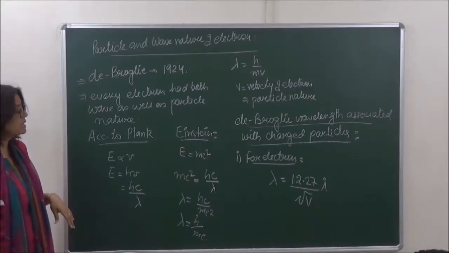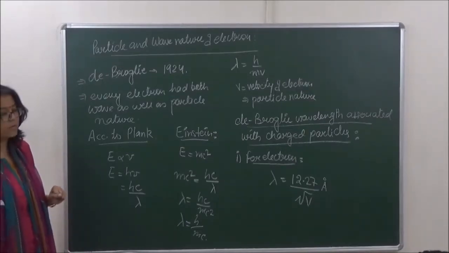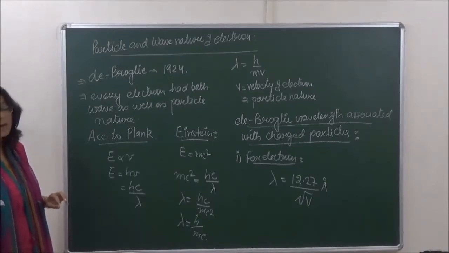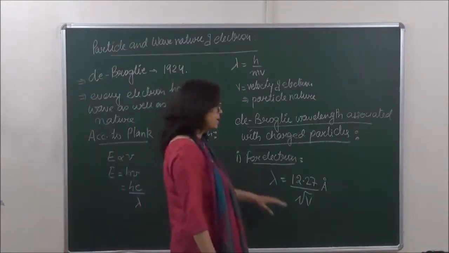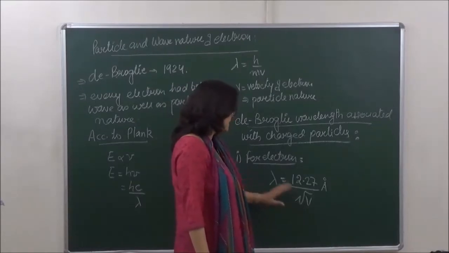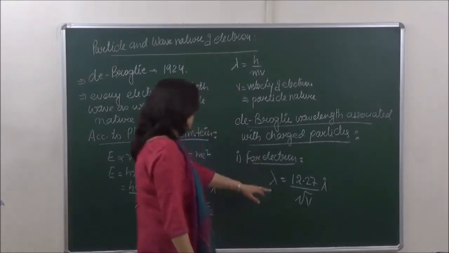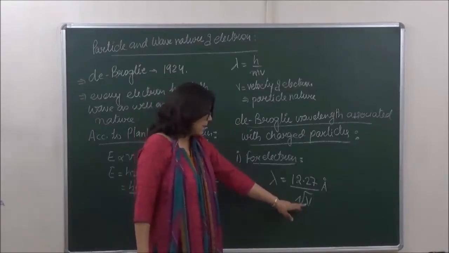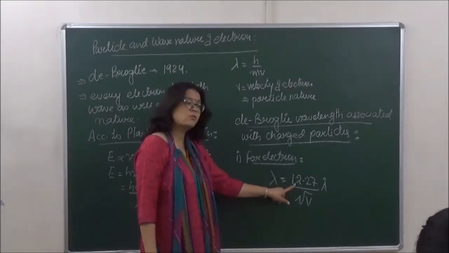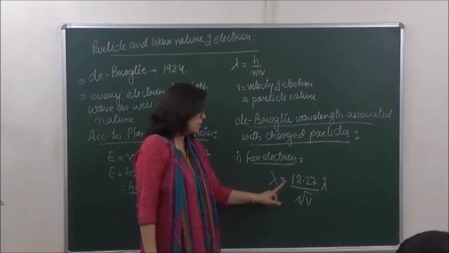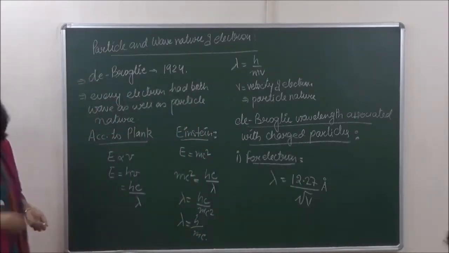V is the accelerating potential of the particles, here the accelerating potential for any electron. Okay, this would be given to you in the question, and you have to calculate lambda. So you need to remember 12.27. So lambda is equal to 12.27 upon under root of V.